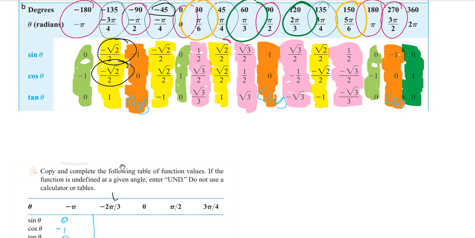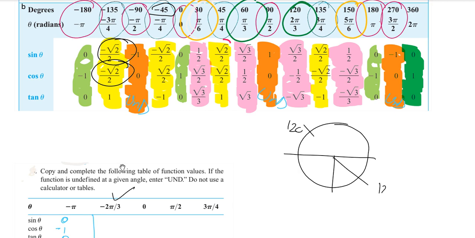But now we have to find for negative 120. So here lies our positive 120, and in the opposite direction to that, here lies our negative 120. So you can see that over here only the tan value will be positive, but the cos and the sine will be negative.